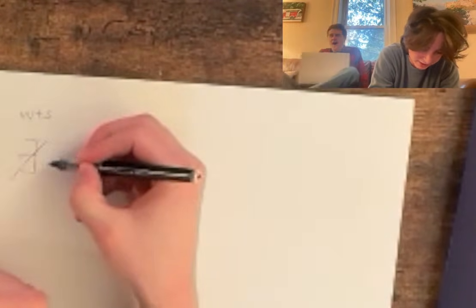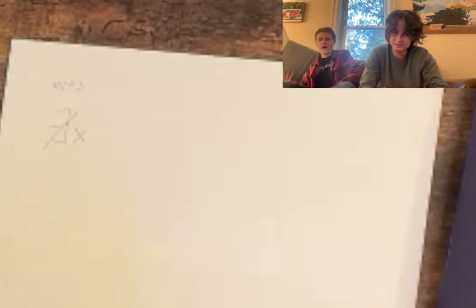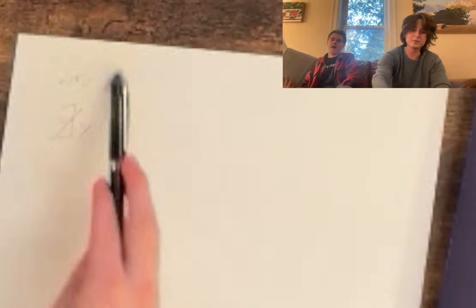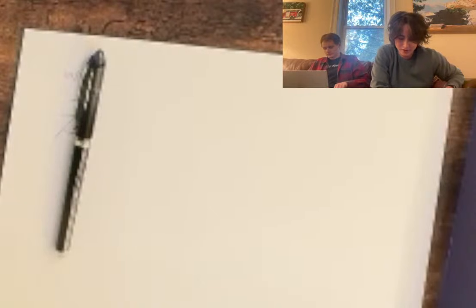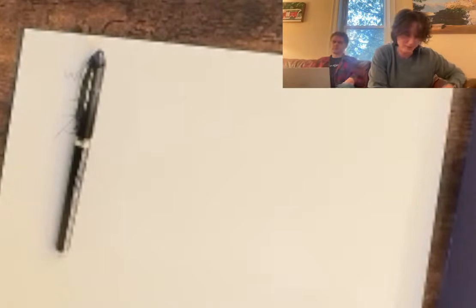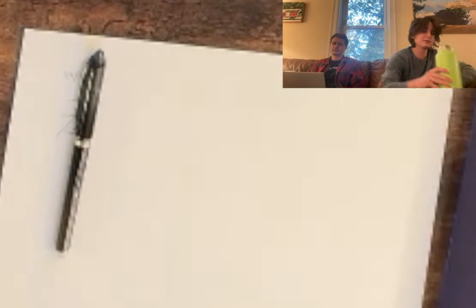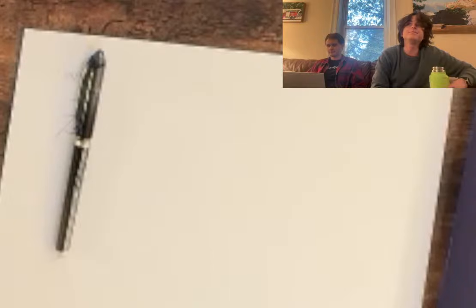So there does not exist a smallest positive real number. If you assume there does exist a smallest positive real number, say x, where's the contradiction?